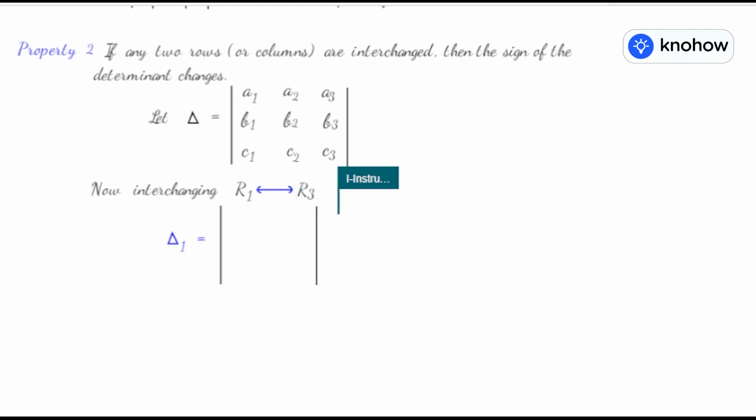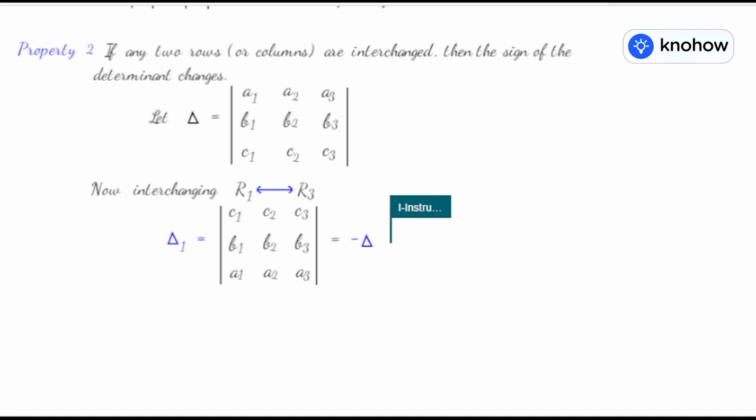delta 1. So what do you get? In the first row, the third row elements will come, that is C1, C2, C3, and the elements of the first row will go to the third row, here A1, A2, A3. And what about the second row? That remains unchanged. So it is easy to evaluate and verify that the value of this determinant delta 1 will be negative times the given determinant delta.